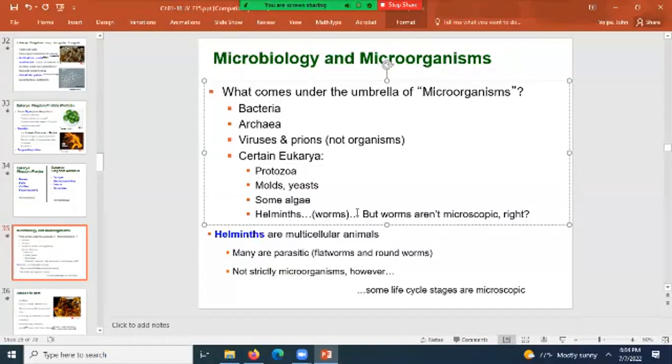And so some life stages of the parasitic worms are microorganisms. For this reason, we consider the helminths to be a microorganism.